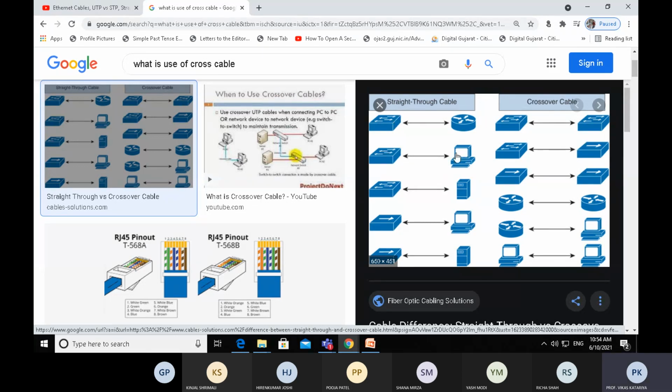Similarly, if you connect your desktop machine with a switch, the switch is the network device and this is your personal computer, again you require a straight cable. Suppose you want to connect your server machine with a switch, again you require a straight cable. Suppose you want to connect a router or gateway machine to your desktop, again you require a straight cable.